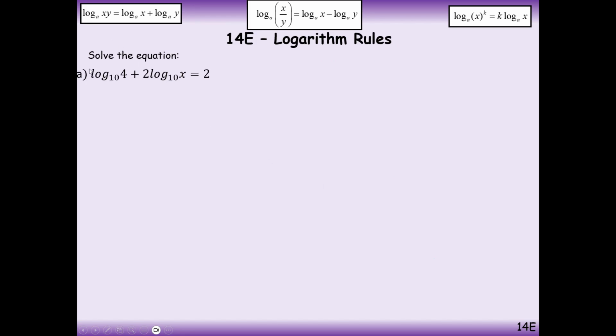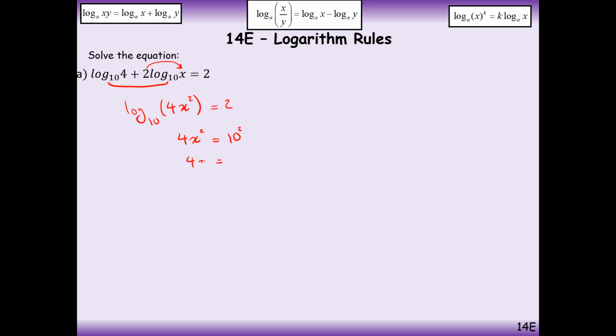So solving this equation for x, you could use 2 and remove it there, and then combine these logs because they are both base 10. We could write it as 1 log, log of base 10 of 4 lots of x squared equals 2. Then we use base 10 for removing the log, and we would write it as 10 to the power of 2, which is 100.